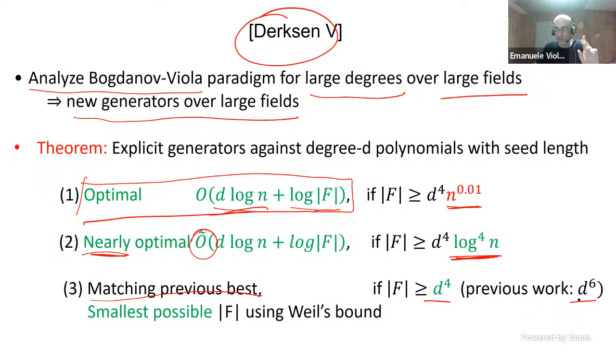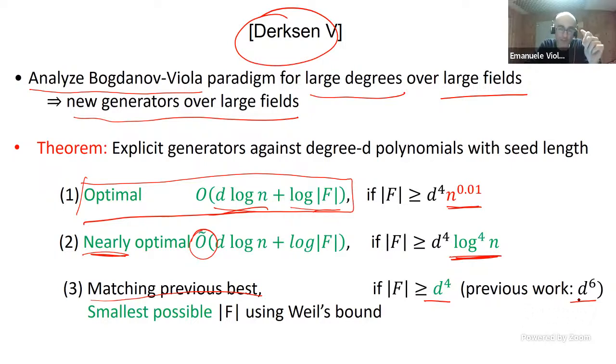Well, actually, 4 is the right constant because it's the best possible that you can get with the Weil bound. All this works with large degrees and large fields. They all rely on the Weil bound from algebraic geometry. Bogdanov required it, we required it, and that bound is only applicable when the field size is a fourth power of d.